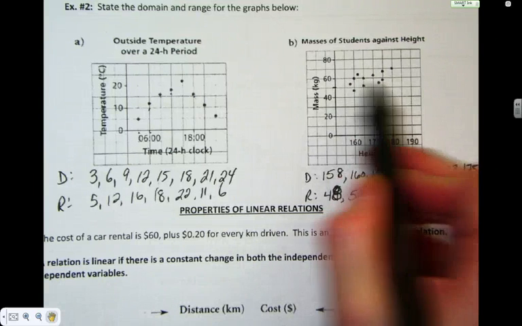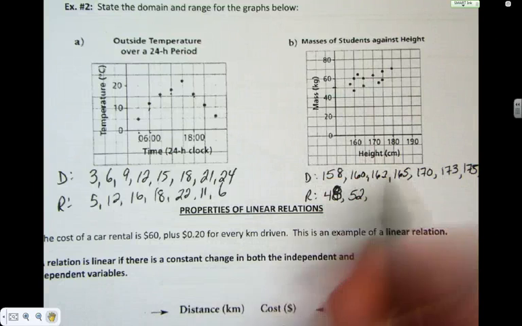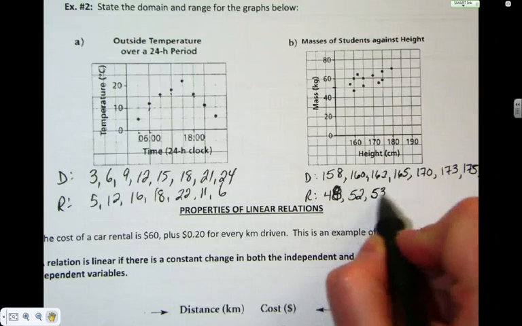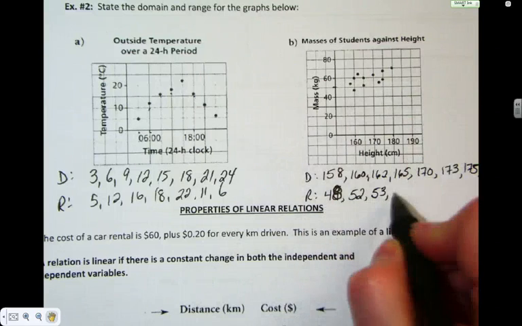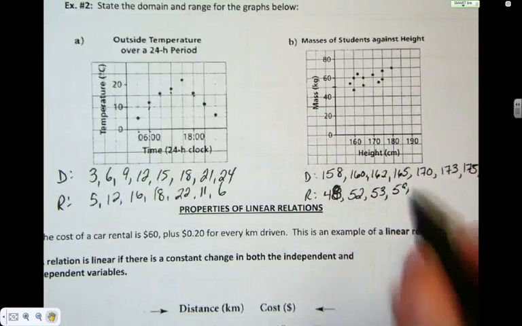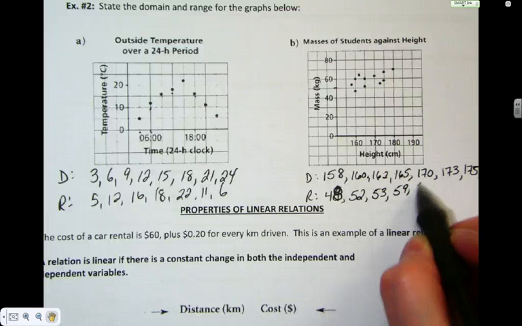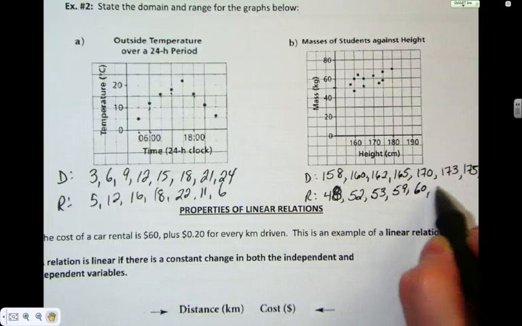I think we got another one in here, a couple more in here. 60, 53. We got one close to 60. 59. Do we have exactly at 60? Yeah, there's 2. That's okay.